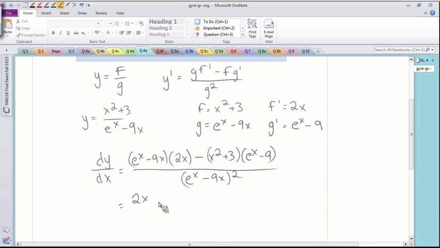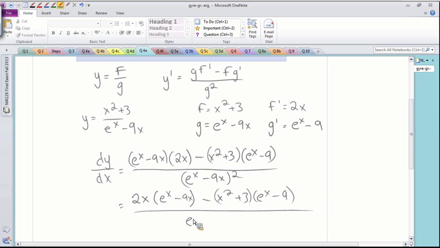So to stay consistent with the answer key, I'll move 2x to the front of (e to the x minus 9x). So it'll be 2x times (e to the x minus 9x) minus (x squared plus 3) times (e to the x minus 9), all over g squared.